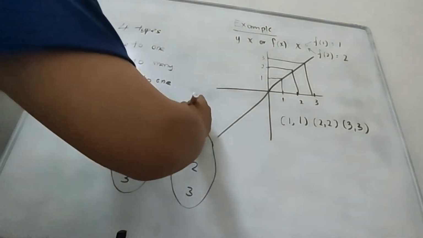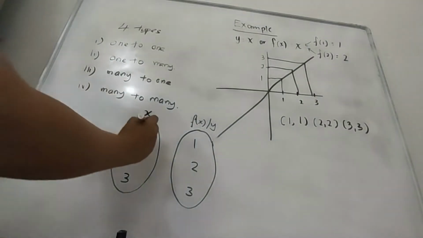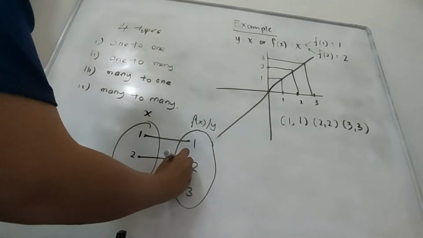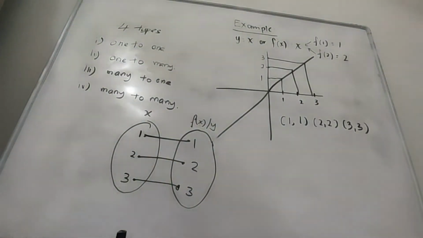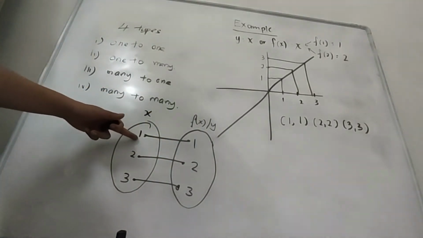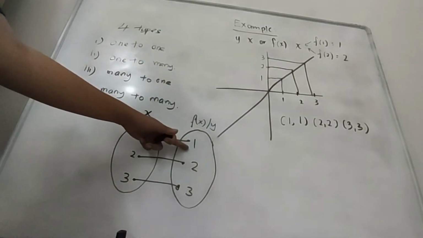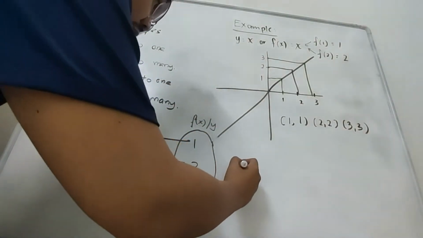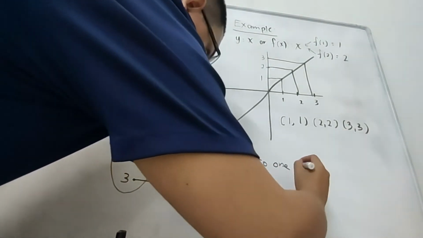The right hand side is the codomain or image, known as f(x) or y. So you connect here. So you can see there is only one connection, either from x, the object, or to y, the codomain, which we call the image. So this is the one-to-one relation.